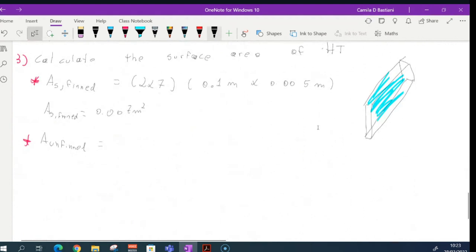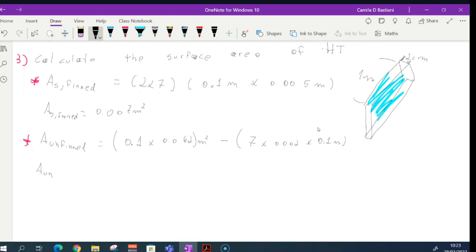So my unfinned area would be the area of the whole transformer, 0.1 by 0.062 meters, minus the number of fins. I have 7 fins, and each fin is using a space of 0.002, that's my thickness, 2 millimeters, by 0.1 meter.